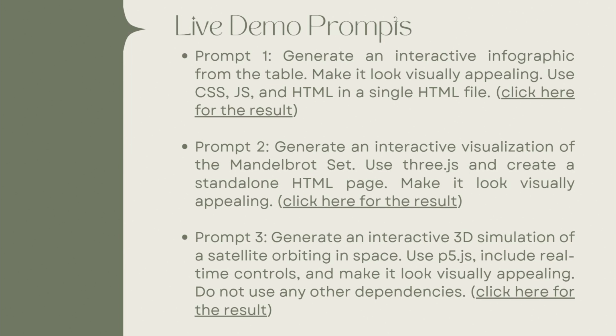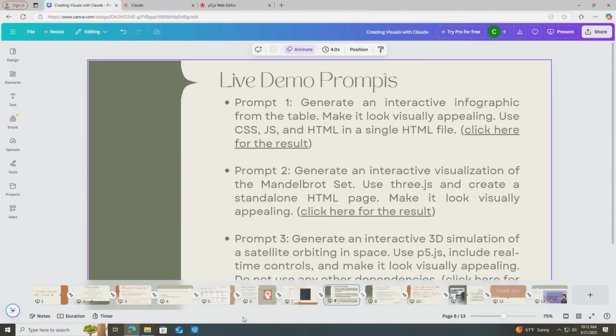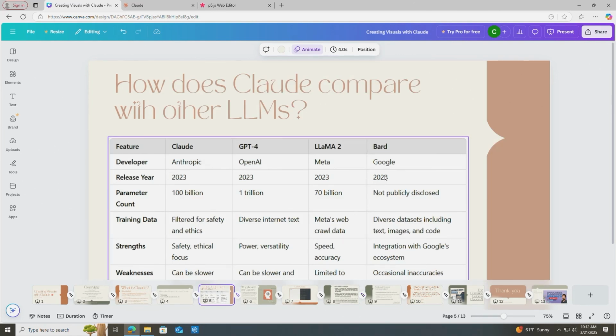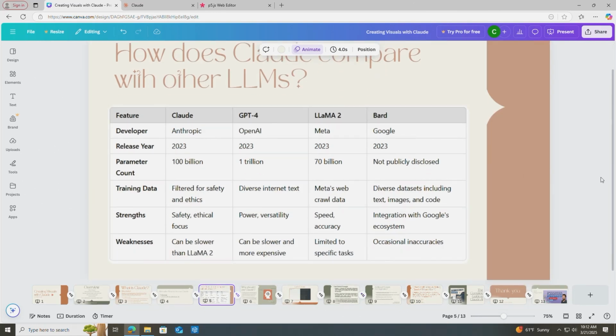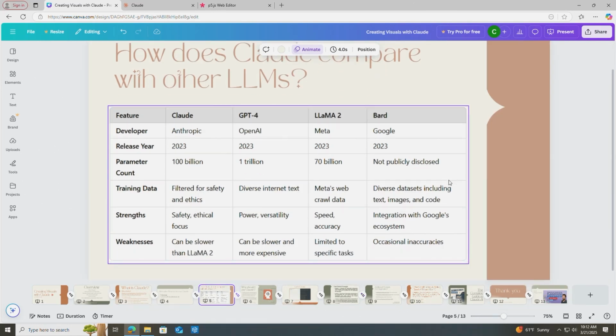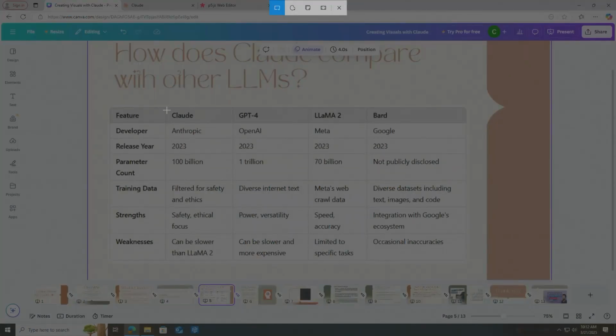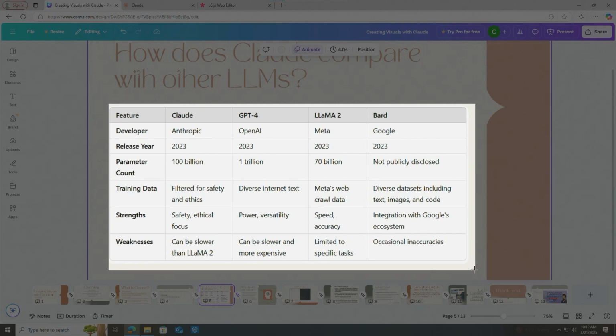So what I want to do is generate an infographic from the table that I showed in an earlier slide. If I go here to that slide, how does Claude compare with other LLMs? I'm just going to take a screenshot of this and upload that into Claude.